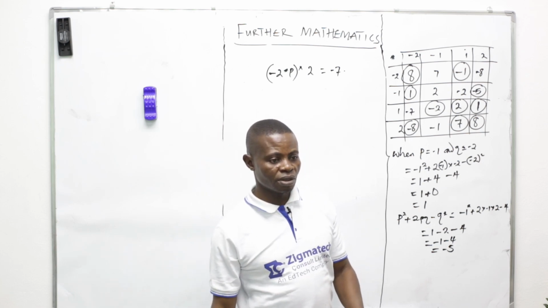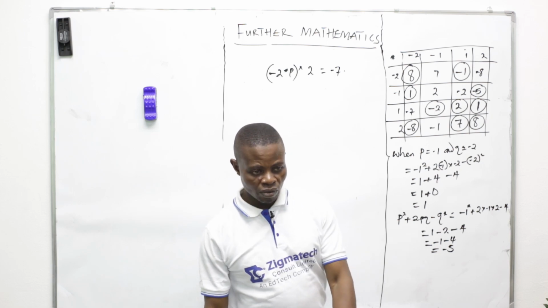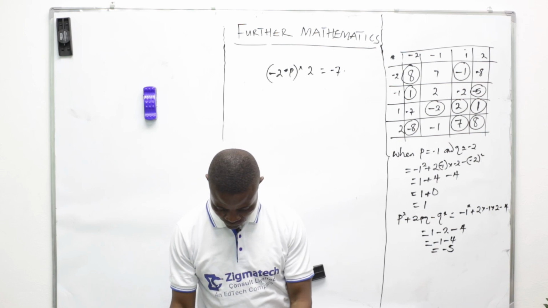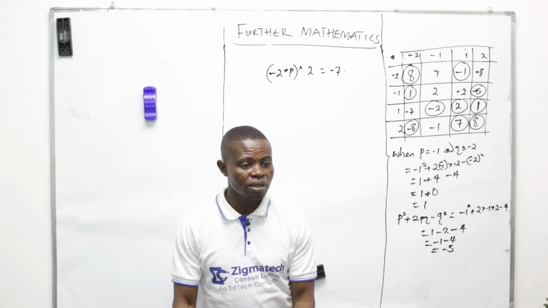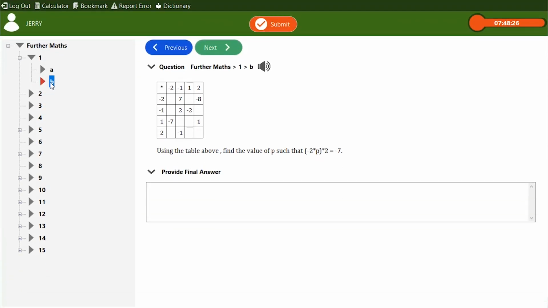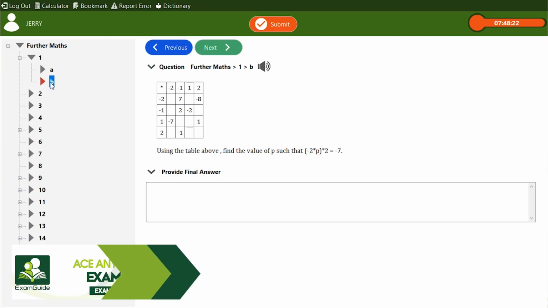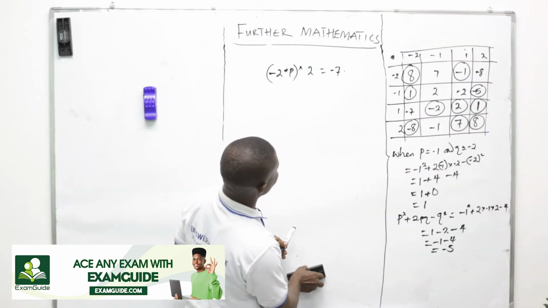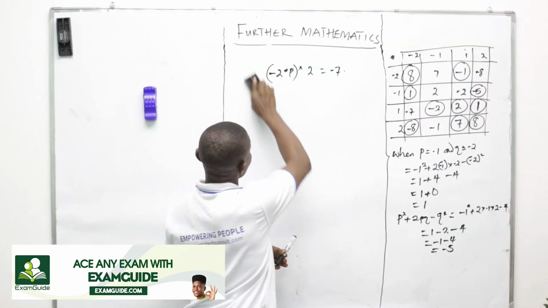That is, when you're tracing, let's punch this first. That's minus 2 operating on P, then operating on 2, where it is equal to minus 7. It's just a trace. Substitute, that's 2 operating on this.